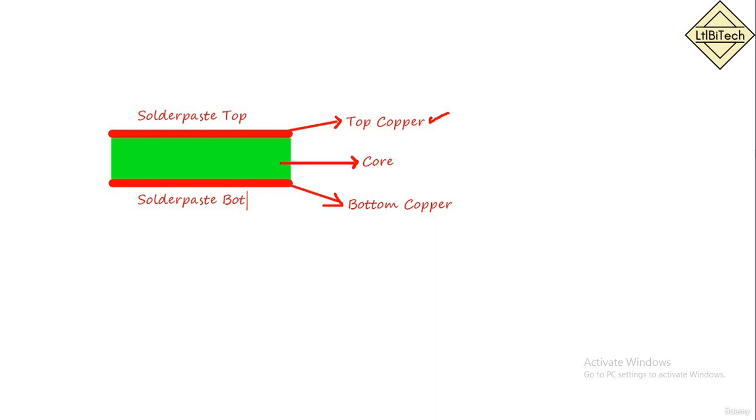If you have SMT components on top and bottom, we use solder paste for them. On top of it, we will also have the solder mask top, and on the bottom we will have solder mask bottom. So these are other components of the PCB.